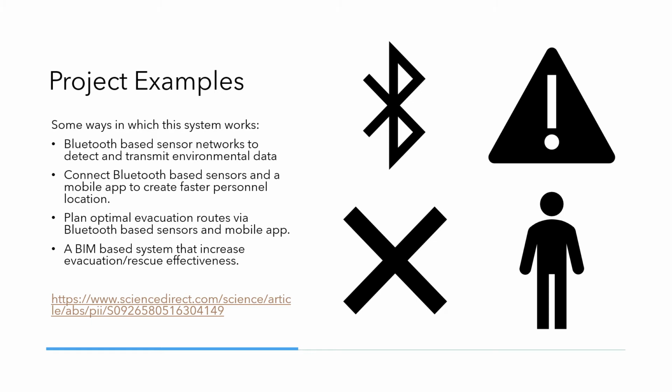Some ways in which this system works: Bluetooth-based sensor networks to detect and transmit environmental data. Connect Bluetooth-based sensors and a mobile app to create faster personnel location. Plan optimal evacuation routes via Bluetooth-based sensors and mobile app. A building information modeling based system that increases evacuation rescue effectiveness.